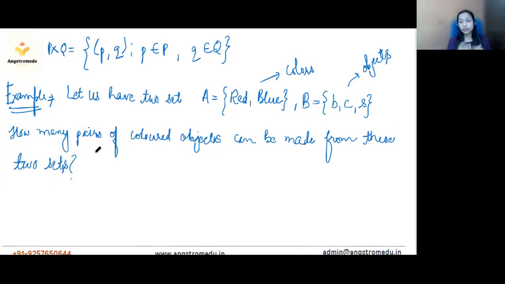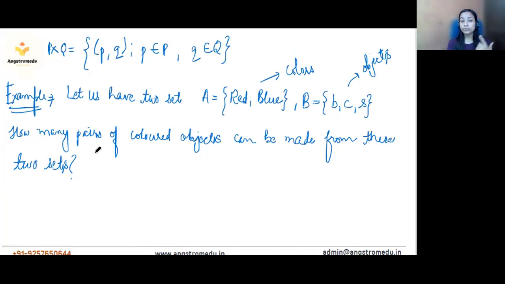Okay. So whatever we have, we are trying to increase those things. I have these two sets, A and B, colors and the objects. Now I will say how many colored objects I can have from these two sets only. My objects are a bag, a coat, and a shirt, and my colors are only red and blue.